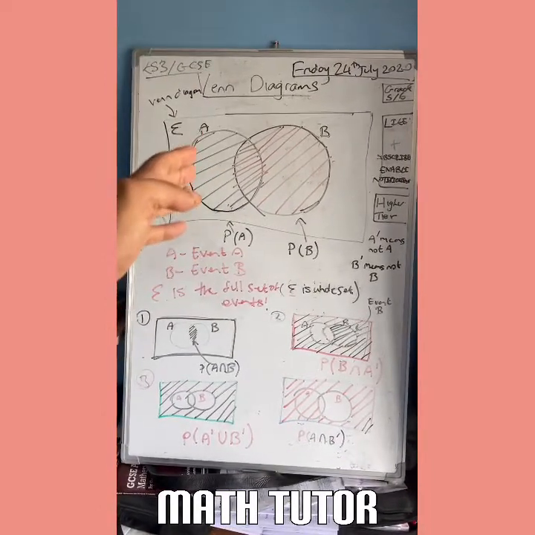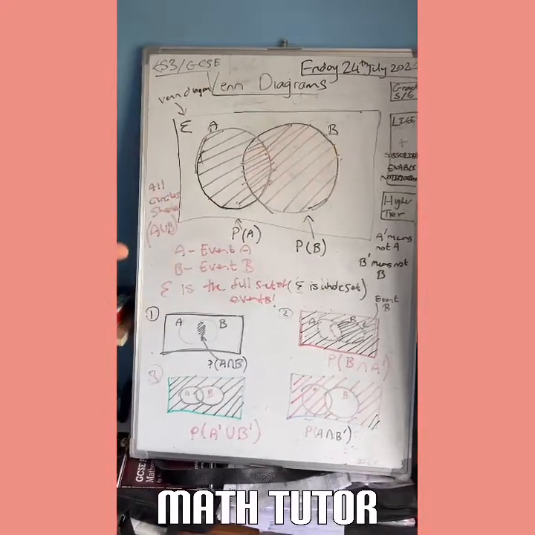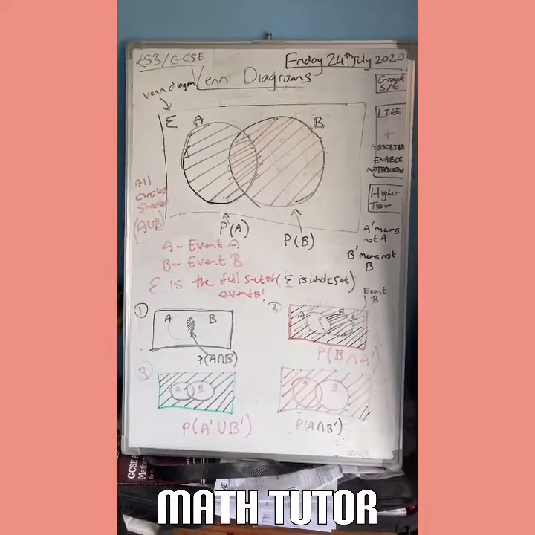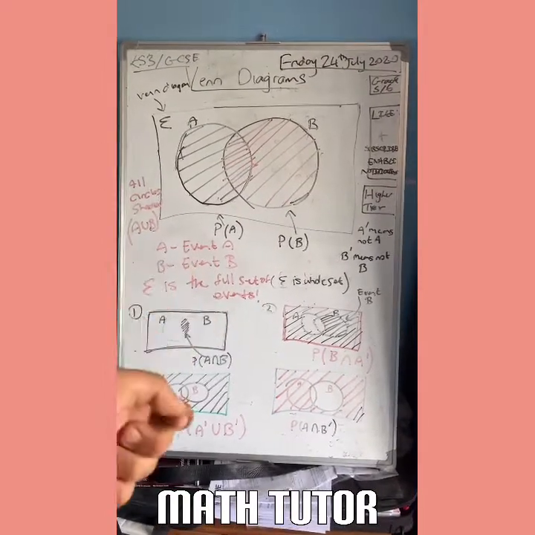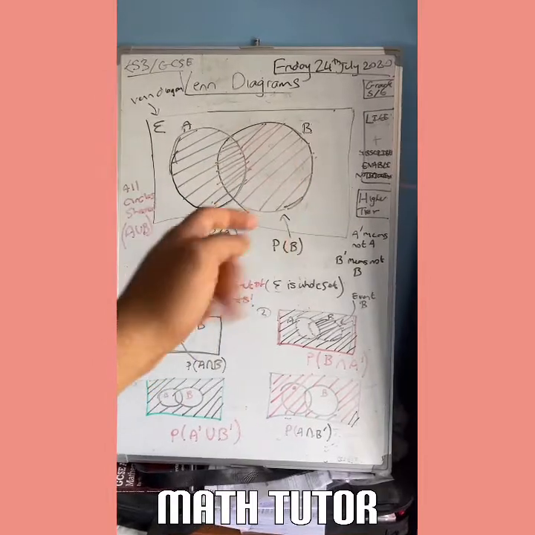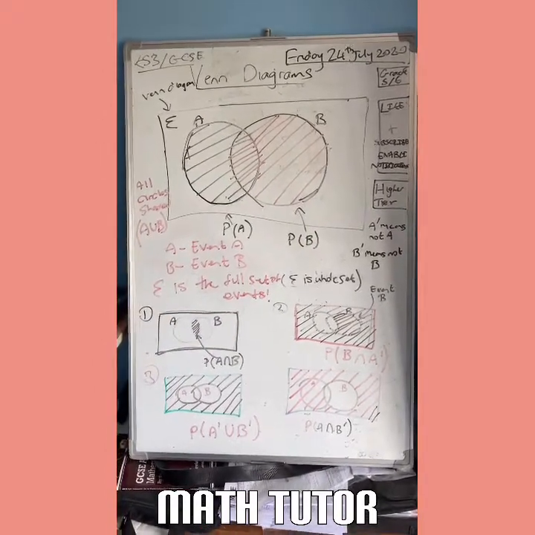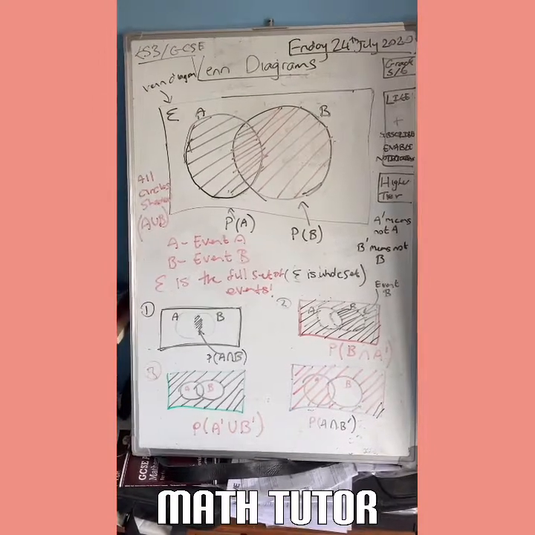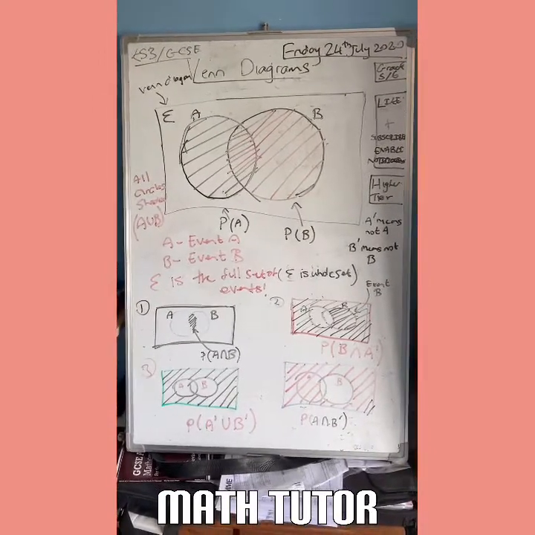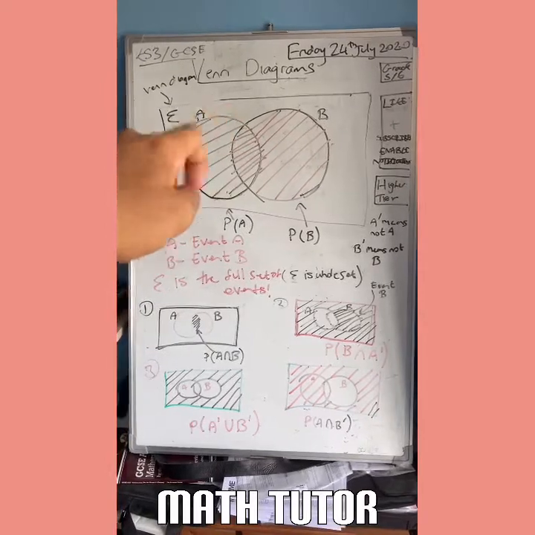If you shade both A and B, that is what I call A union B, so A or B. The probability of event A or B is denoted by the U shape, the union shape. And if it's and, that is the intersection.